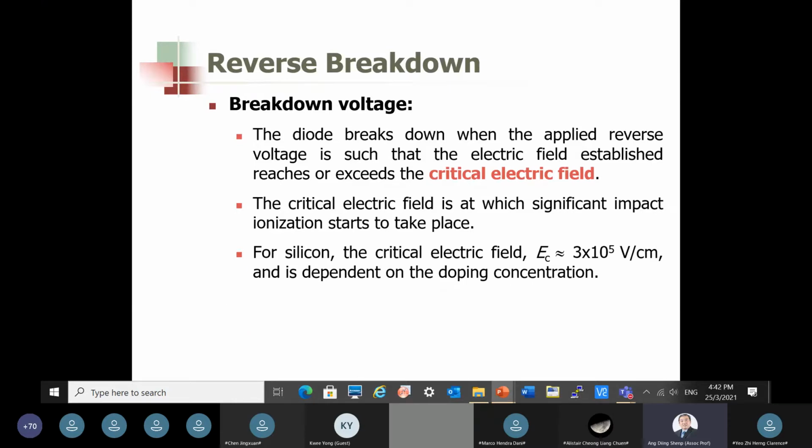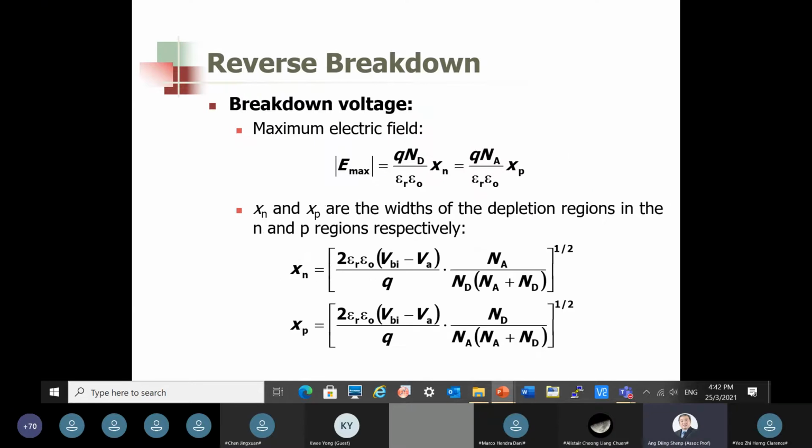With this understanding, we can try to estimate the breakdown voltage that corresponds to avalanche breakdown. Recall that the maximum electric field within the semiconductor exists at the metallurgical junction and is given by this equation. Xn is the width of the space charge region within the N side, and Xp is the width of the space charge region within the P side.